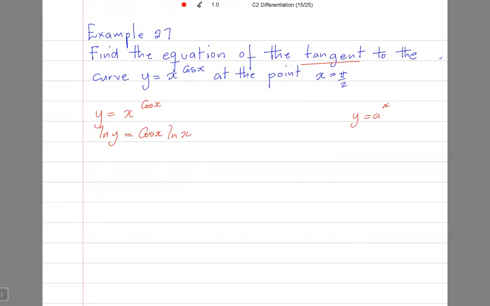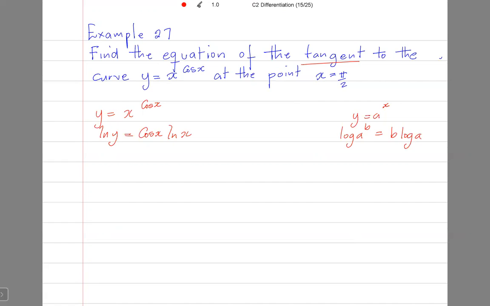So what I just did there is I did an application of this law of logarithms: the log of a to the power b is equal to b times the log of a. All I did was find ln of both sides, and then the power, which is cos x, can come to the front.